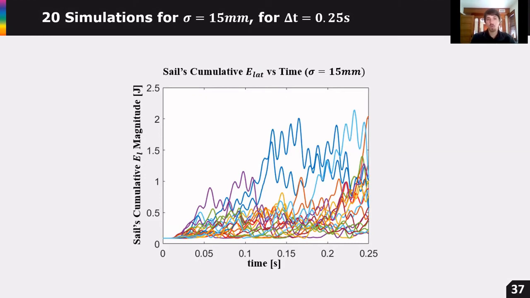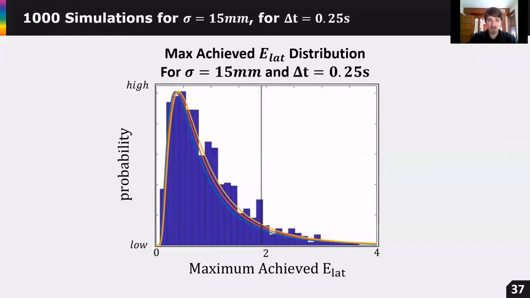This is an example of 20 simulations for sigma 15 for a very small time period. Each of these simulations took maybe 7 seconds to run. So to run 1,000 of them was much smaller than an hour and 40 minutes. So the probability distribution function, which resulted from 1,000 simulations of 15 millimeter decenter, simulated over a course of 0.25 seconds, a quarter of a second.